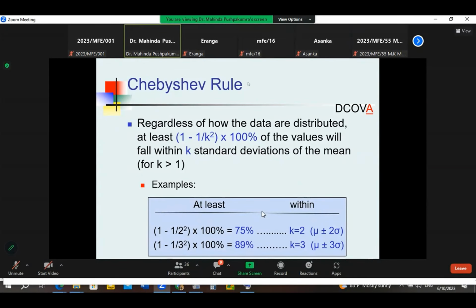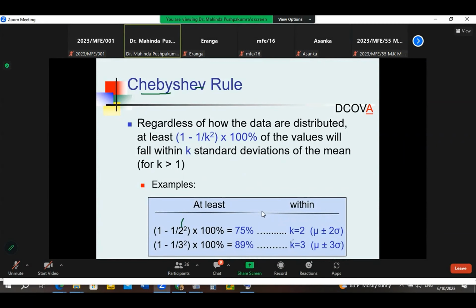Then we have another rule we call the Chebyshev rule. It will be difficult to pronounce, but the concept is that you can apply this rule regardless of the shape of the distribution. The empirical rule is applicable only for normal distributions, but this you can apply for any type of distribution. It says that at least (1 minus 1 over k squared) times 100 percent of the values will fall within k standard deviations of the mean, where k should be greater than 1.